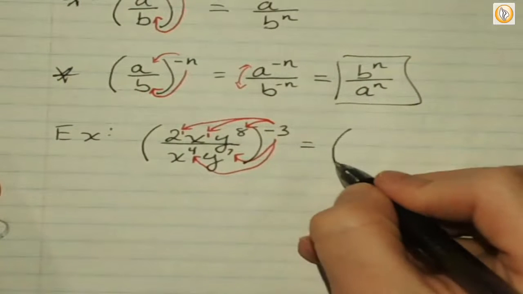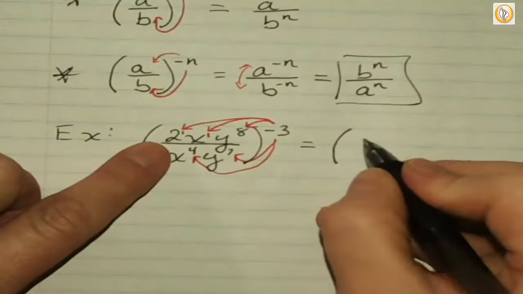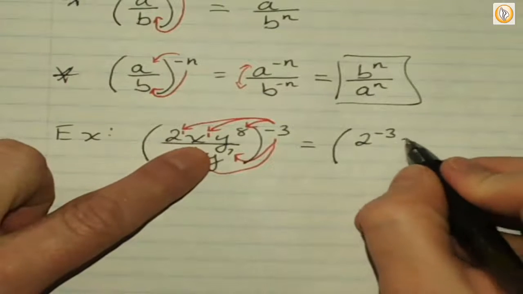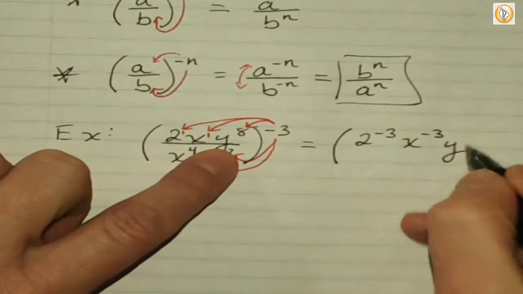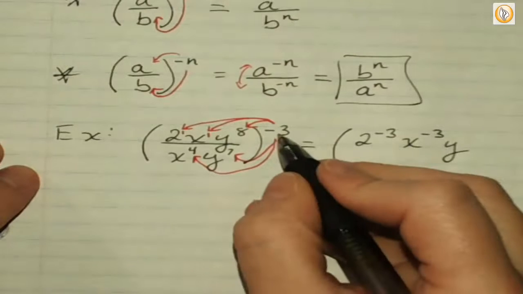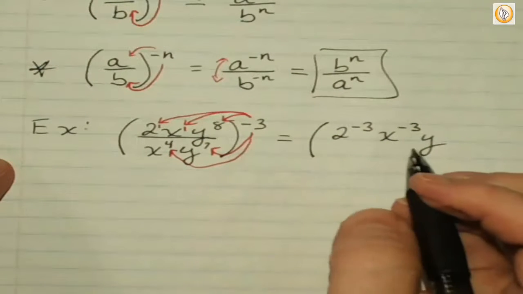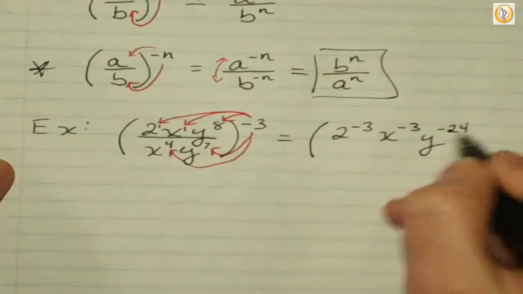So then what I get, don't start switching anything yet. I get 2 to the negative 3 exponent. I get x to the negative 3 exponent. Because negative 3 times 1 is negative 3. Negative 3 times 8 is what? Cecilia? Very good. Negative 24.